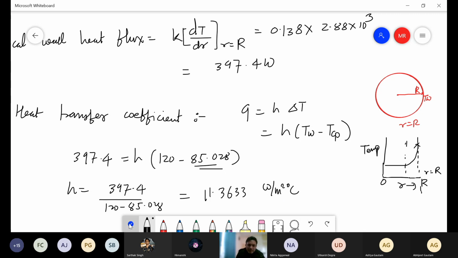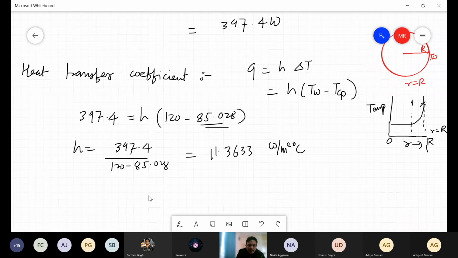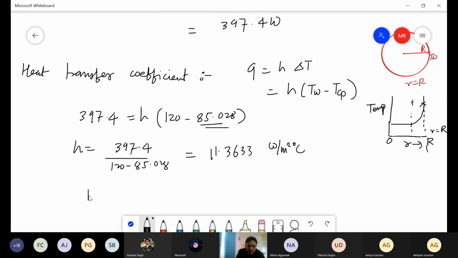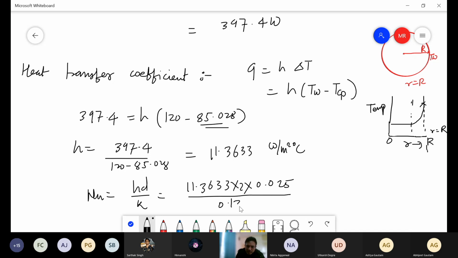Correct? And the Nusselt number will be given by hD by k. So we have 11.3633 into 2 into 0.025, that is D, divided by thermal conductivity 0.138.